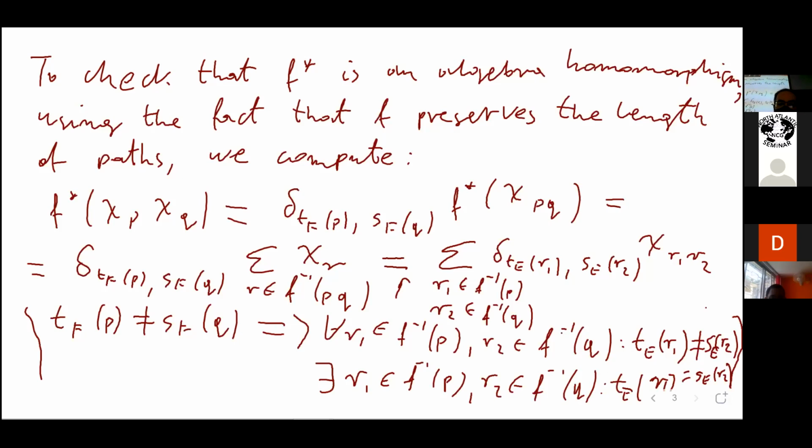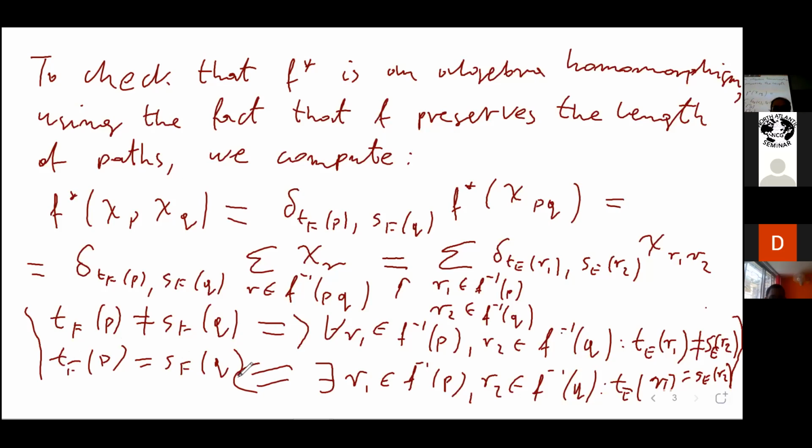But if this is the case, then obviously TF of P is equal to SF of Q, right? Because remember, this is a graph homomorphism.